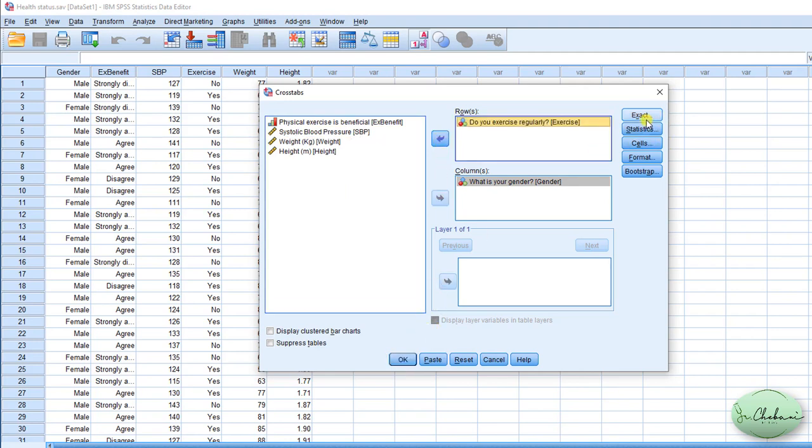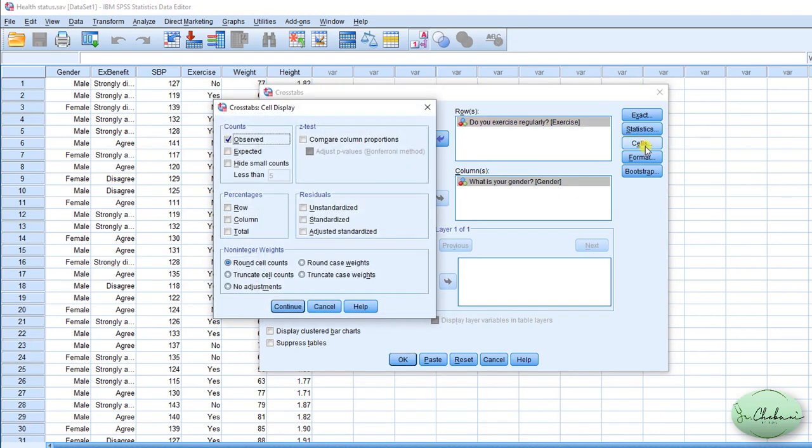Okay. And then, if you want to see the expected values, you go to this option here which says Cells, right? If you click on that, you'll see you have counts, and under counts we have observed, and then we have expected. So you check expected there, so that it gives you within the cells the expected values as well, not just the observed.